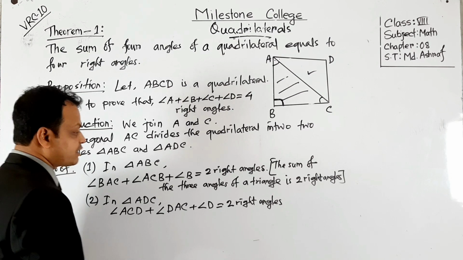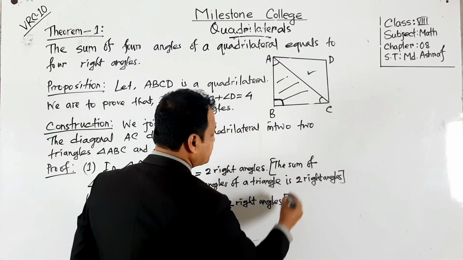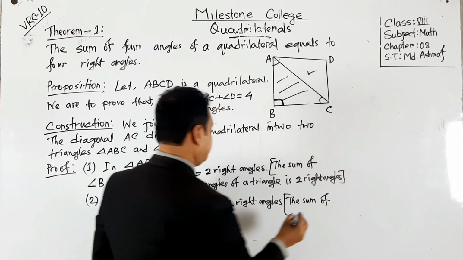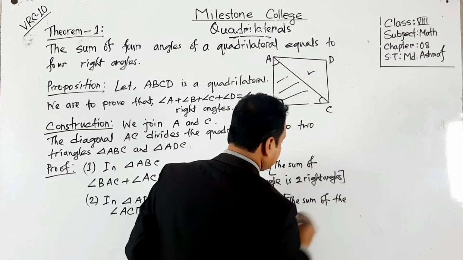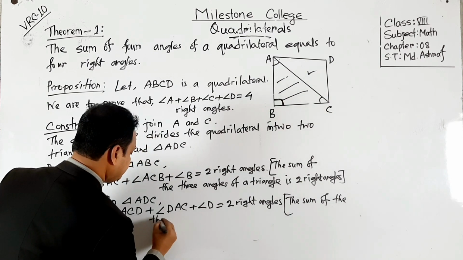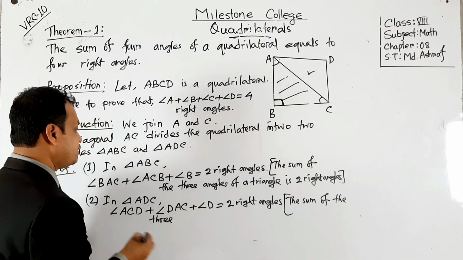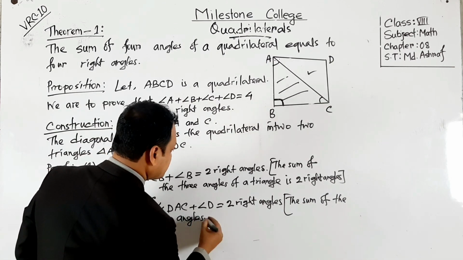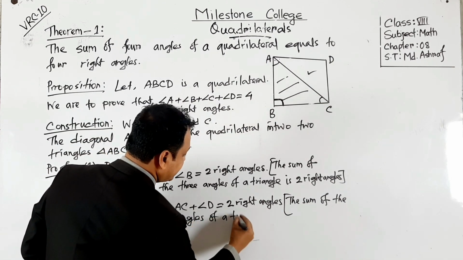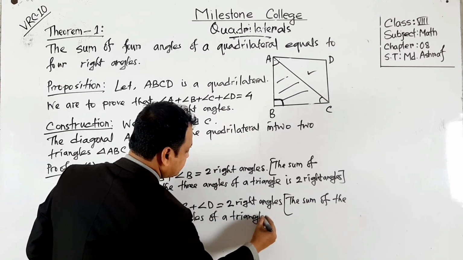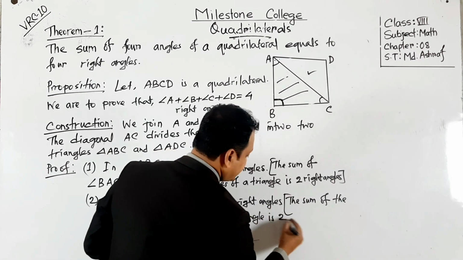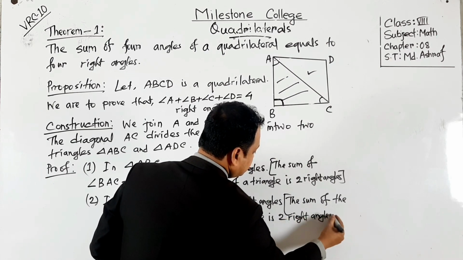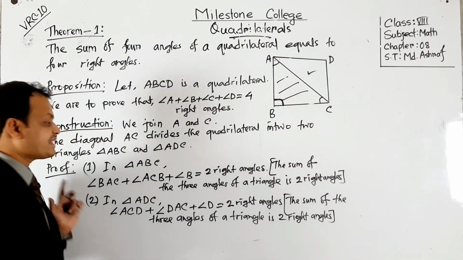It's the same note: the sum of the three angles of a triangle is two right angles. So this is the second point.